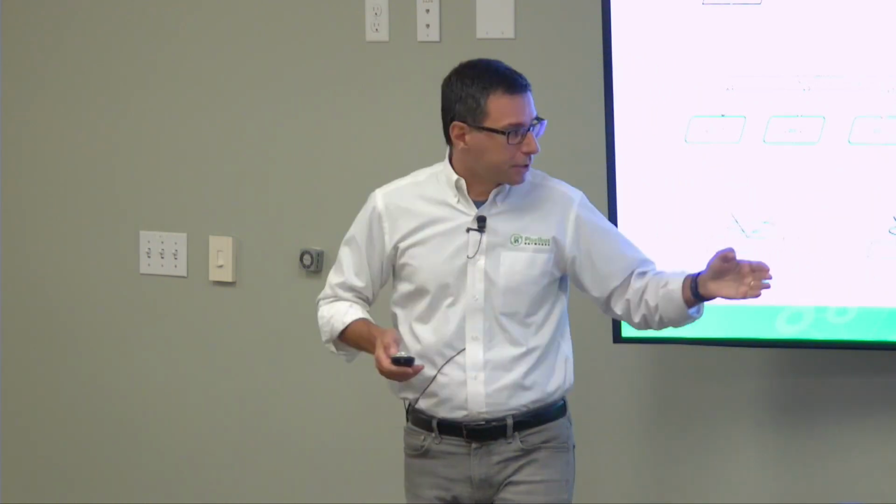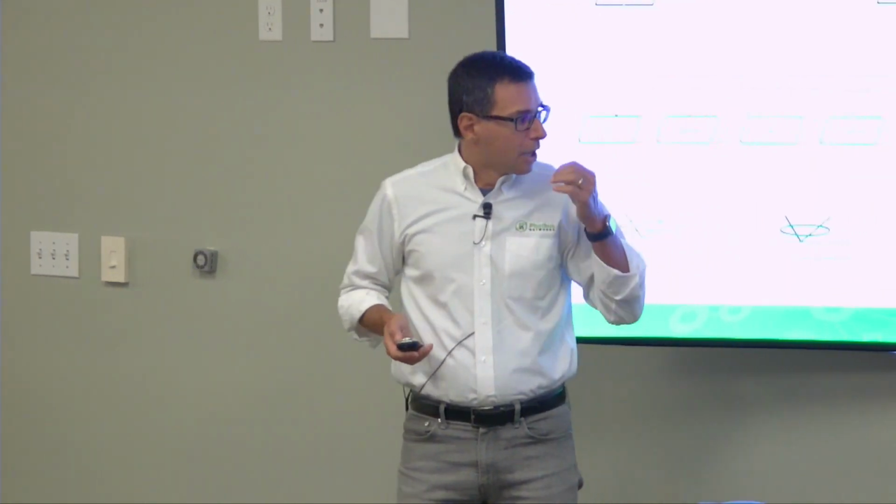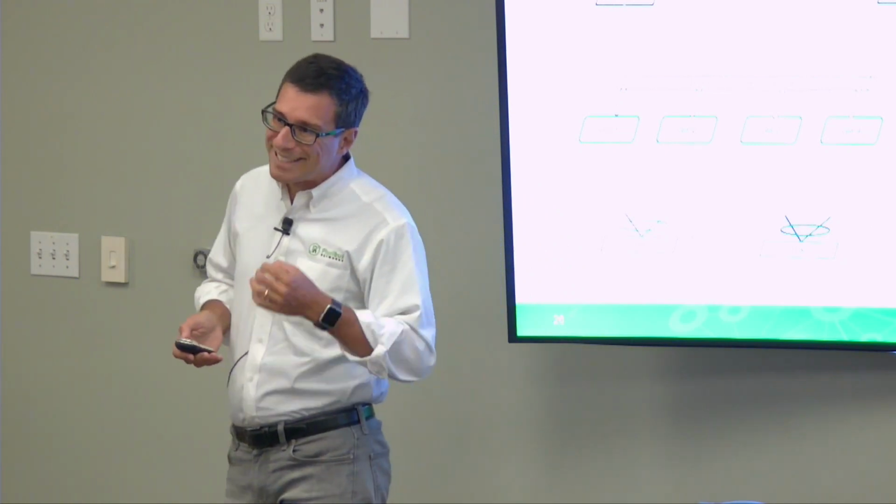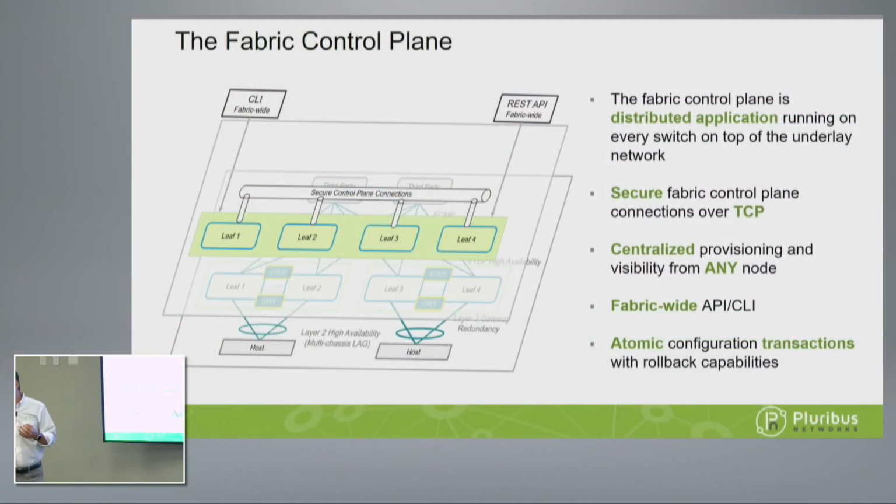The last point on this slide is atomic configuration transactions. This is very, very key to the functioning of the fabric. What does it mean? It means that the fabric operates based on transactions. And these transactions either succeed across all the nodes of the fabric, or they cannot be committed.